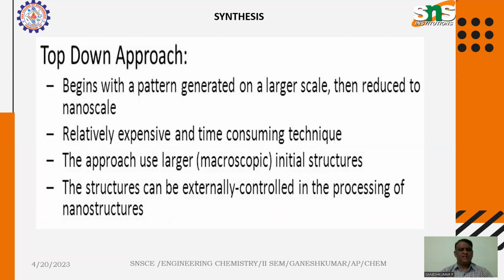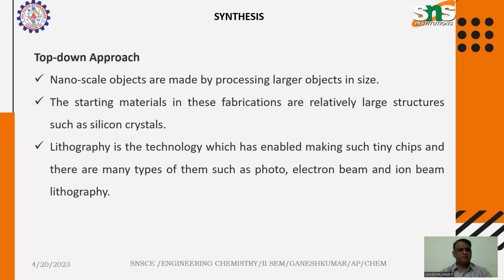In this method, the structures can be extremely controlled in the processing of your nanostructures. The top-down approach is made by processing large objects into small size. The starting materials in these fabrications are relatively large, for example, silicon crystals.